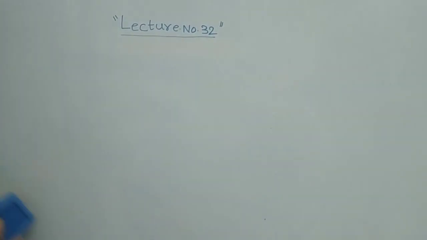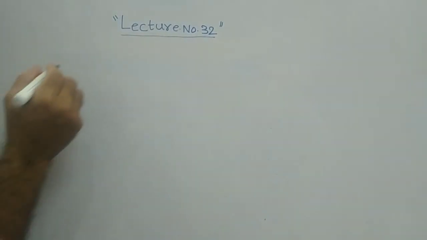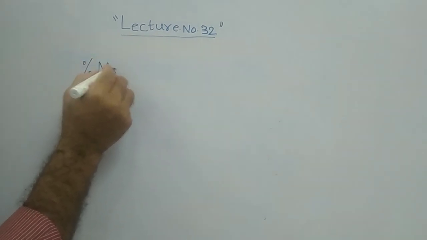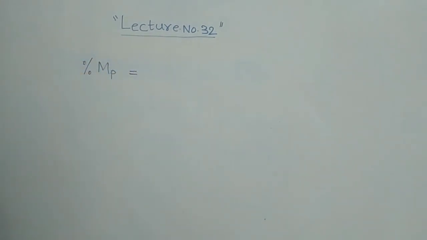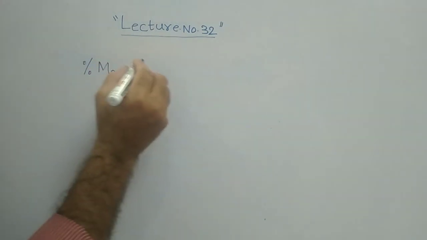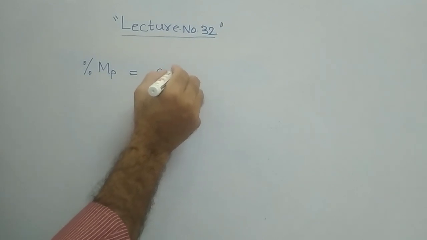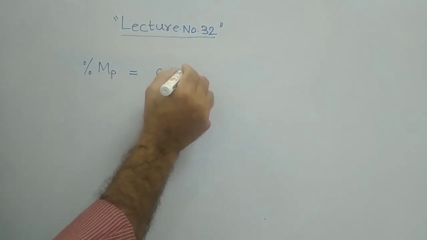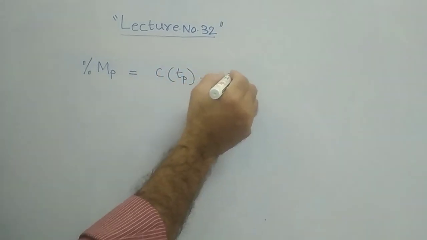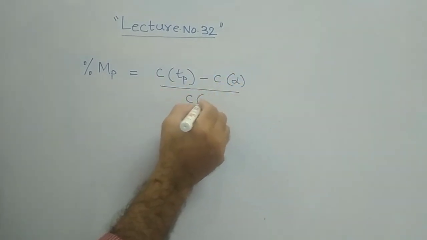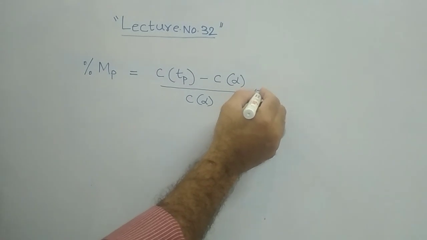Okay, so that is defined as percentage of Mp is equal to C of Tp minus C of infinity, divided by C of infinity, into 100.